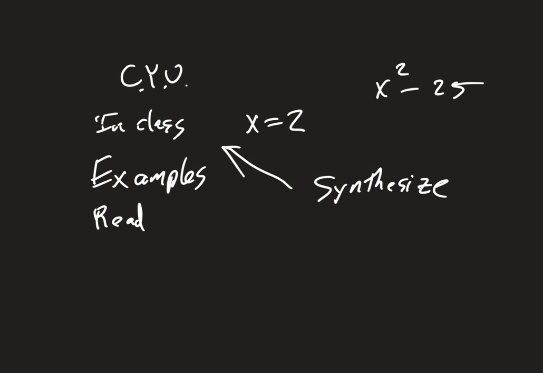Whatever the room is next to the coffee shop, the Union or whatever they call it, I'll usually be hanging out in there during that time. I'll have a table, we'll sit down. You pull out your problems that you've been working on, you show me your work, and we see if I can help you find where you're making your mistakes. That's going to be the most efficient use of your time and my time.